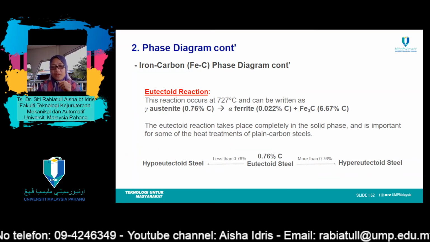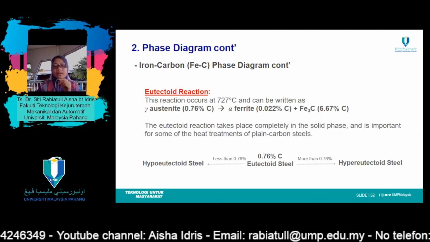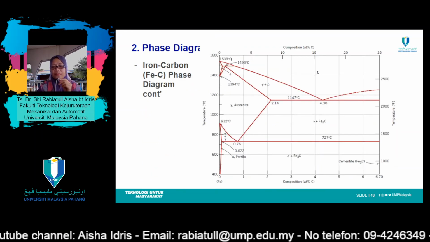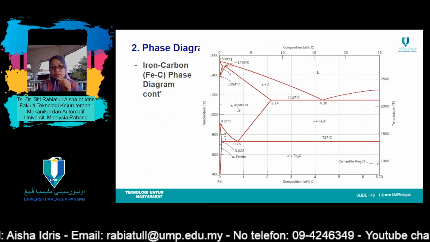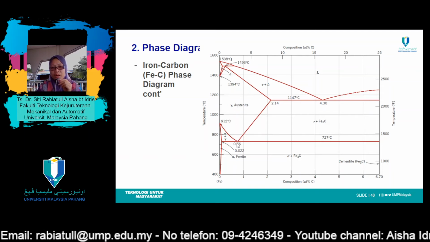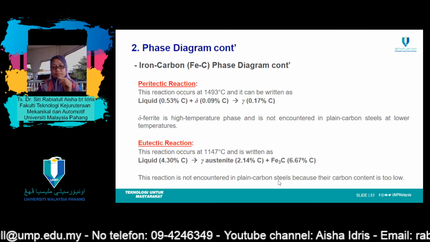Okay. And there's also a eutectoid reaction in the iron carbon phase diagram. Oops, sorry. This is eutectoid. Okay, so from solid gamma, solid austenite, passing to eutectoid, producing alpha plus cementite.